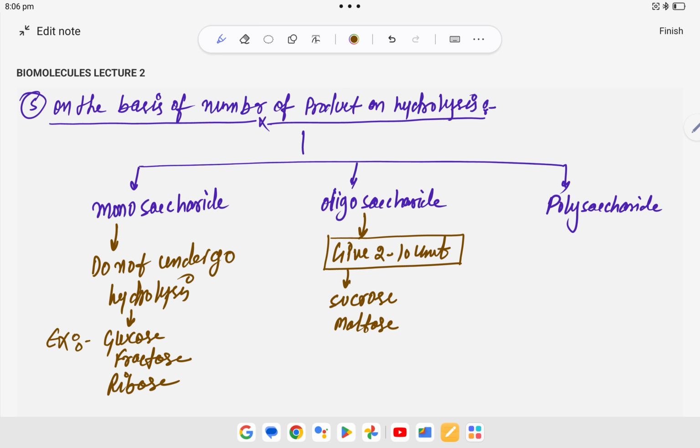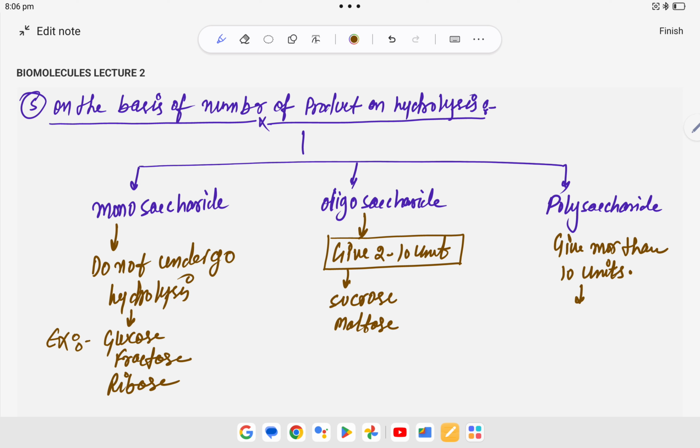Polysaccharide gives more than 10 units.